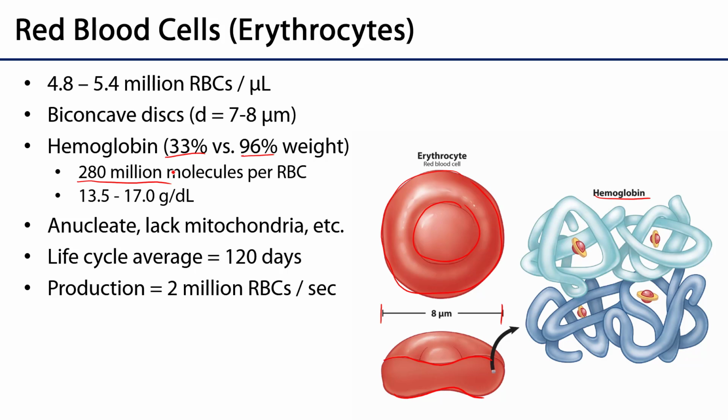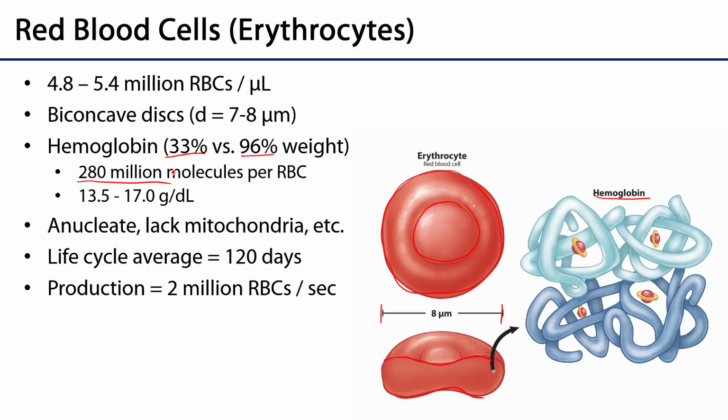And the concentration of hemoglobin in the blood is between 13.5 to 17 grams per deciliter, or grams per 100 milliliters. So that's a little bit less than a liquid cup if you're into baking.